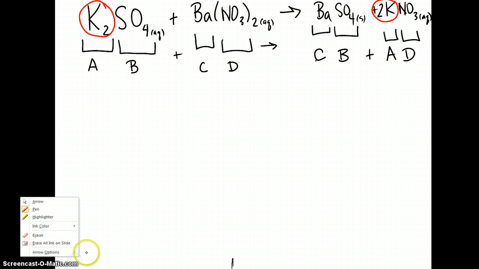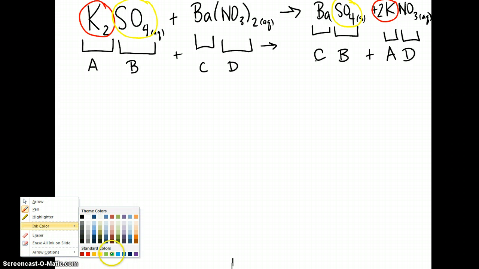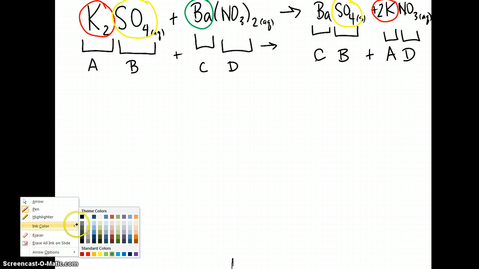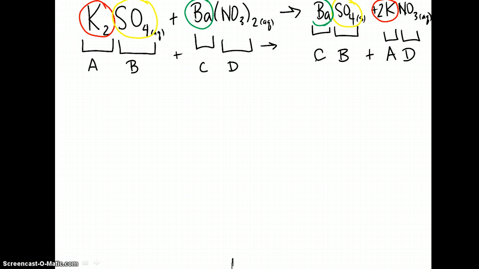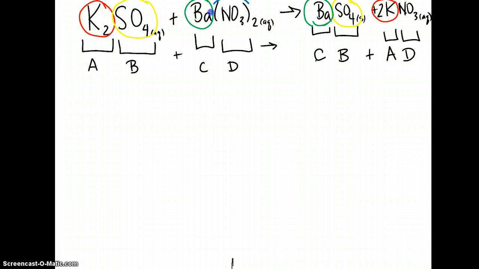I'm going to have the color yellow be my sulfates. I'm going to have the color green be my bariums, my apologies, I keep on calling it. Oh, and we have a green one here. Okay, and lastly, let's do blue as being our nitrate.